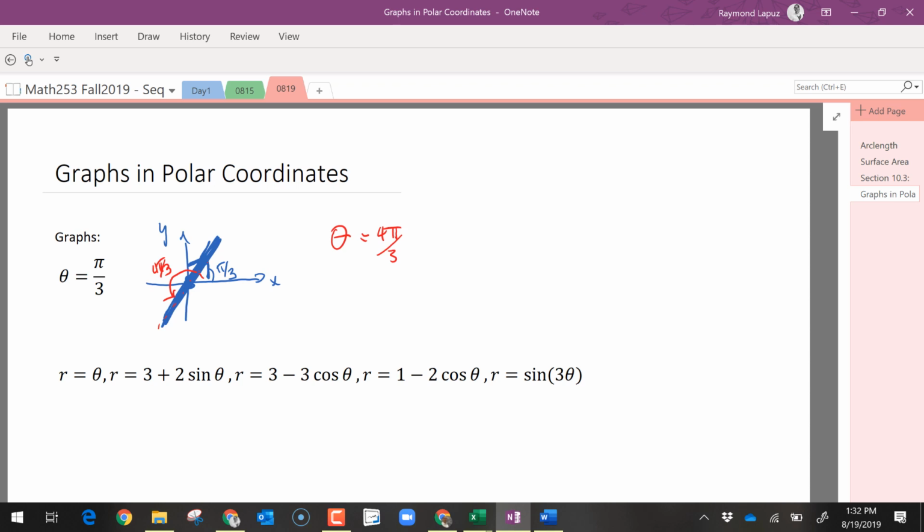So that's what it's going to draw. Now, if your graph is theta equal to 4 pi over 3, then your ray is pointing the opposite direction, which will cover everything in the third quadrant, but the negative r values behind it would also be covered, so you're graphing the same line. Okay?